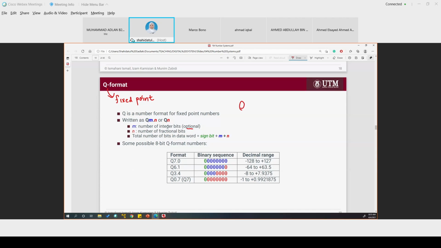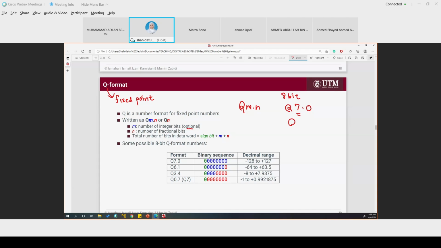So you can write the number as Qm.n, such as, if it is 8-bit, you can have Q7.0, where the integer is 7 bits and the fraction is 0, no fraction at all.